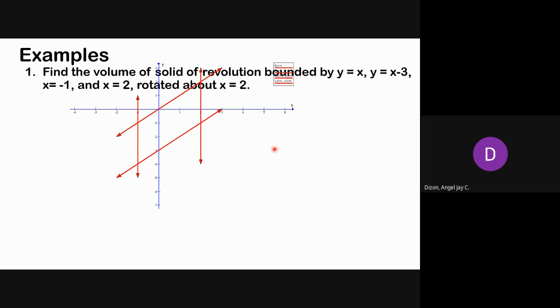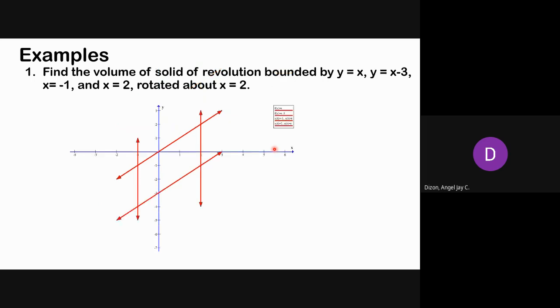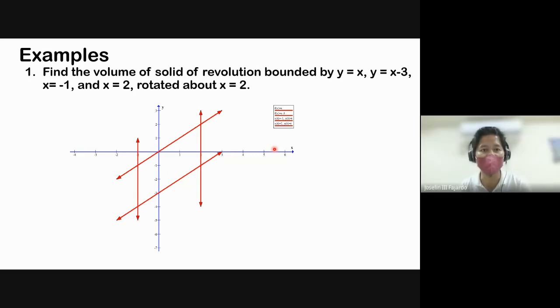Opo. Okay. And the axis is x equals 2. So magiging axis natin. Palitan natin ng kulay. Gagawin natin blue. Okay. So yun yung axis natin, di ba? Tama ba, guys? So we rotate it around that axis.